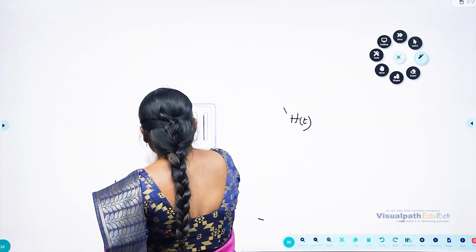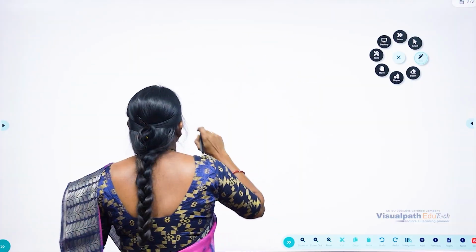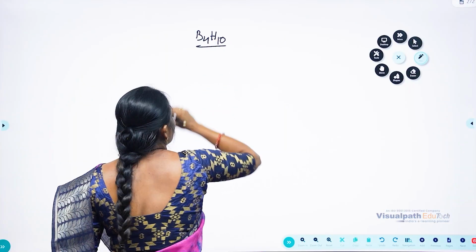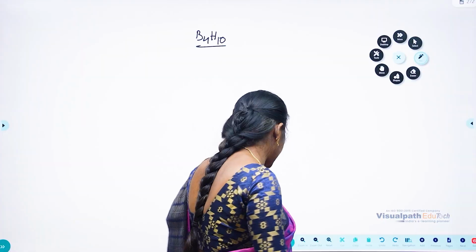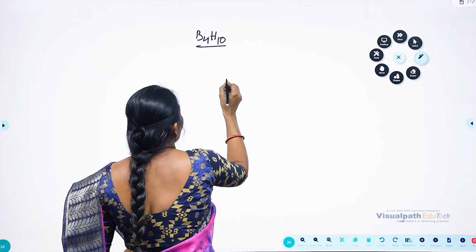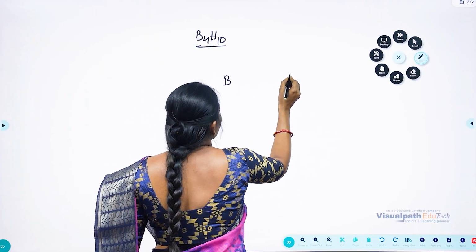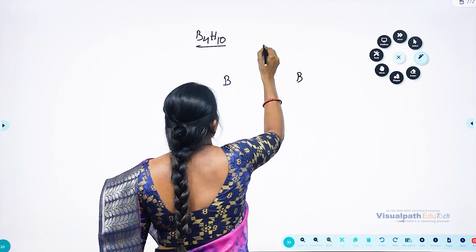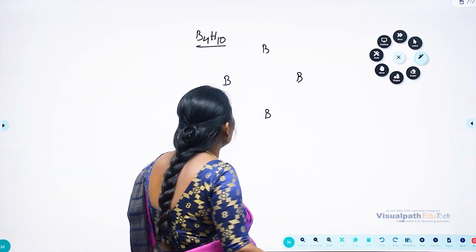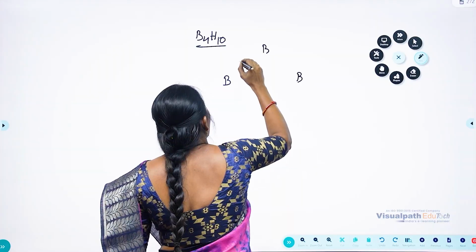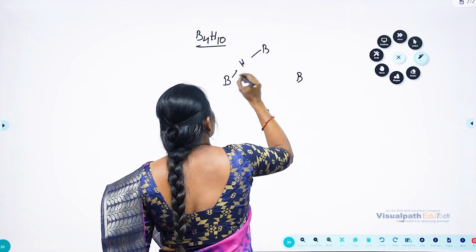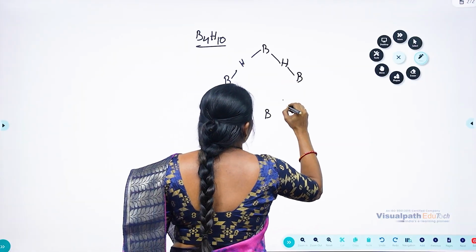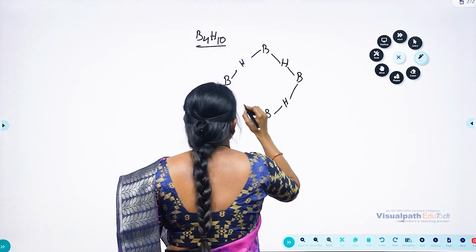Among the higher boranes, first we see the B4H10 molecule. We see the structure of the B4H10 molecule. How many borons are there? 4 borons. Each is with hydrogens, and here one more hydrogen, and here one more hydrogen.